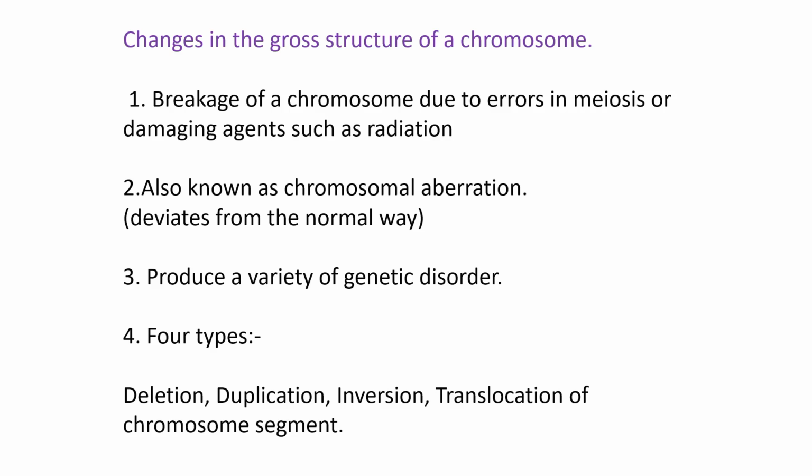Doesn't that give a different gross structure of a chromosome? It does, right? This produces a variety of genetic disorders, and there are 4 types of changes in the gross structure of chromosome. Those 4 types are deletion, duplication, inversion, and translocation of chromosome segments. We go one by one.